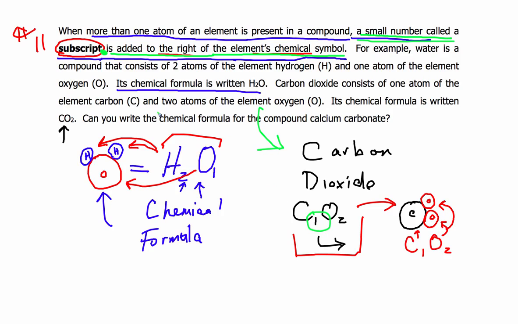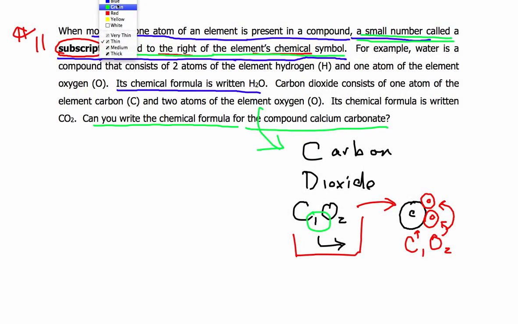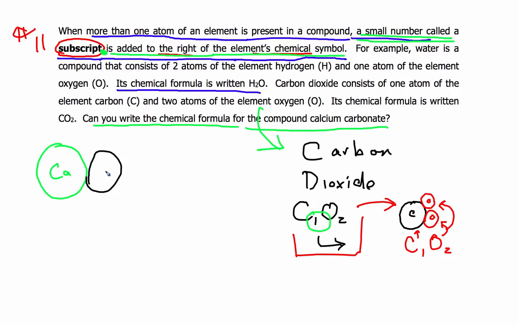So can you write the chemical formula for the compound calcium carbonate? Okay, so I would like to show you what calcium carbonate would look like. There would be 1 atom of calcium, and then there would be an atom of carbon, and then there would be some oxygen.